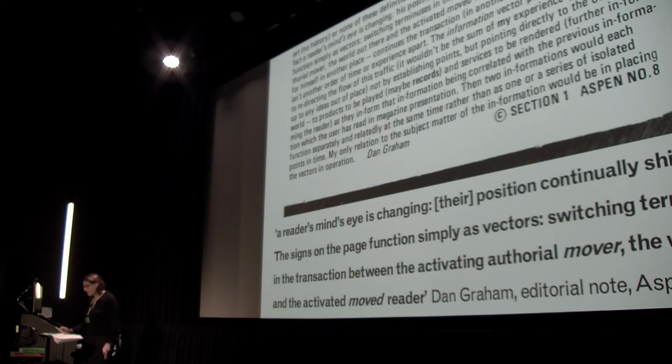For example, Dan Graham's editorial note for Aspen number 8 in 1968 replaces the passive noun information with the active descriptor information and proposes that a reader's mind's eye is changing, their position continually shifting. The signs on the page function simply as vectors switching terminuses in the transaction between the activating authorial mover, the world out there, and the activated moved reader.